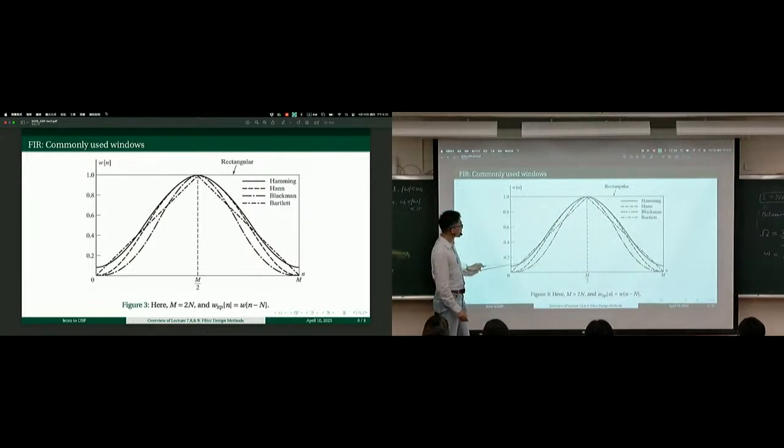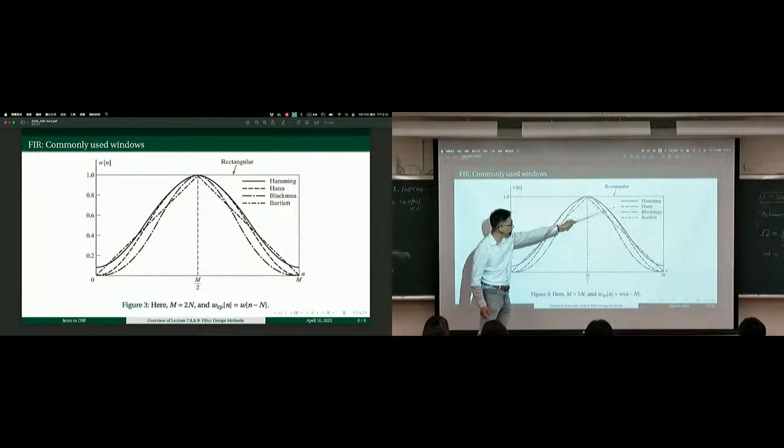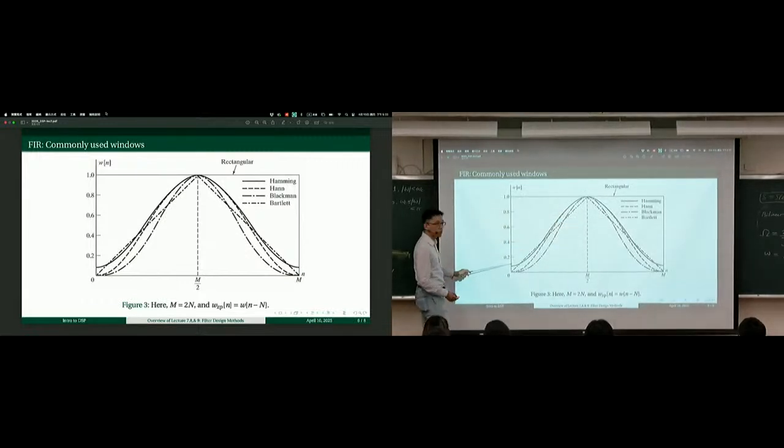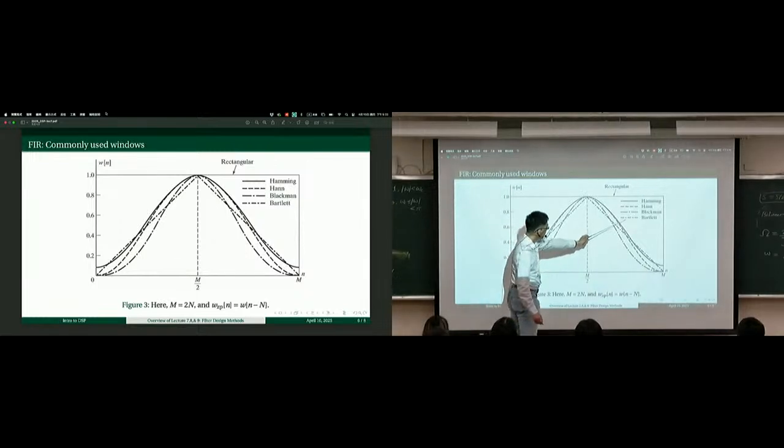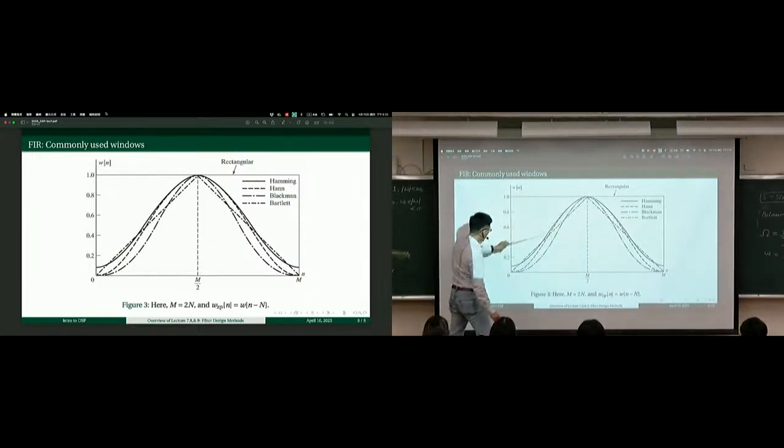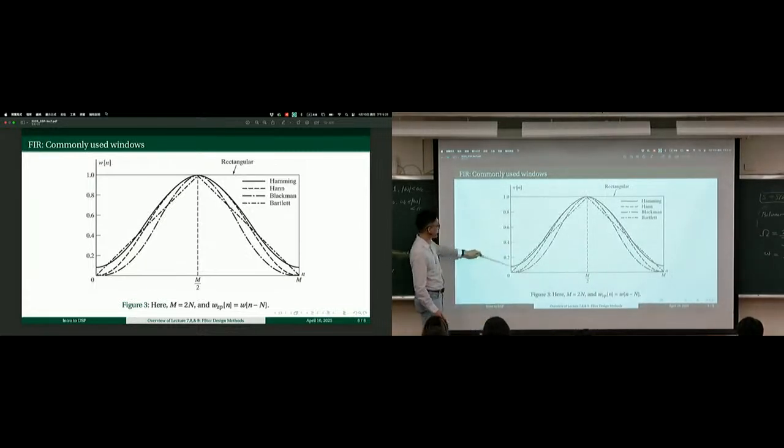For example, there is one called Hamming, another called Hann, and another called Blackman, and they all look bell-shaped. And the 4th one, which is not that important in my opinion, you can also define a window by a triangle, by drawing a straight line from 0 to the middle. That's also one possible window to use.